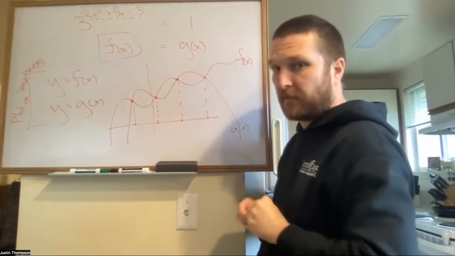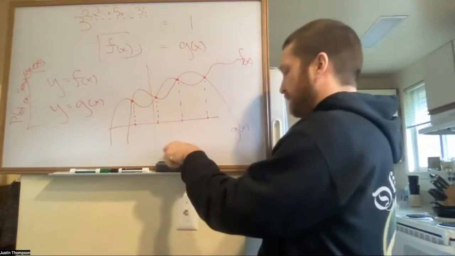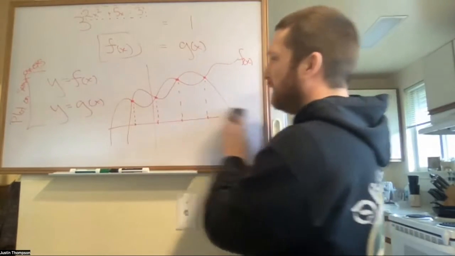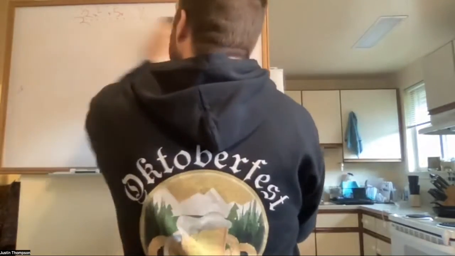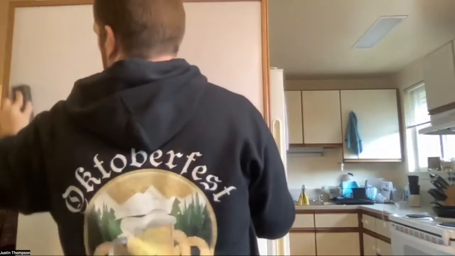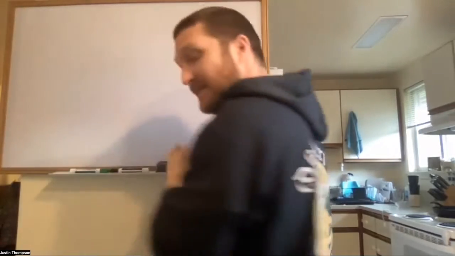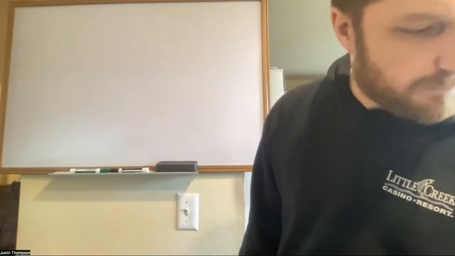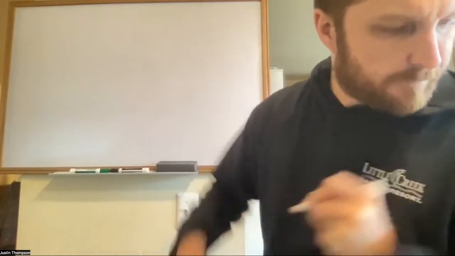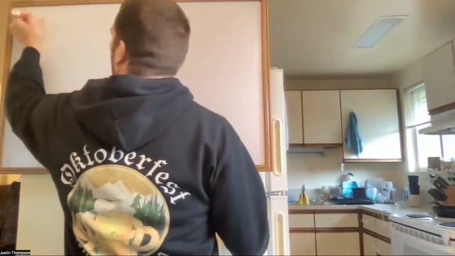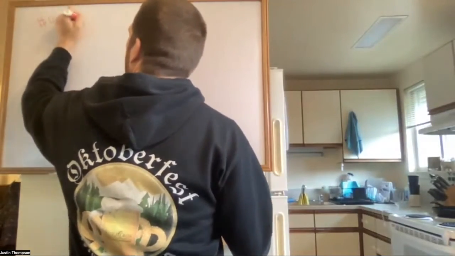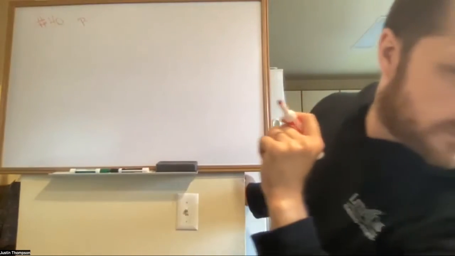In your homework, you're going to have not equations, but inequalities. So we'll go ahead and talk about this right now. It does indeed say to solve by graphing. So here is number 40 from page 528.